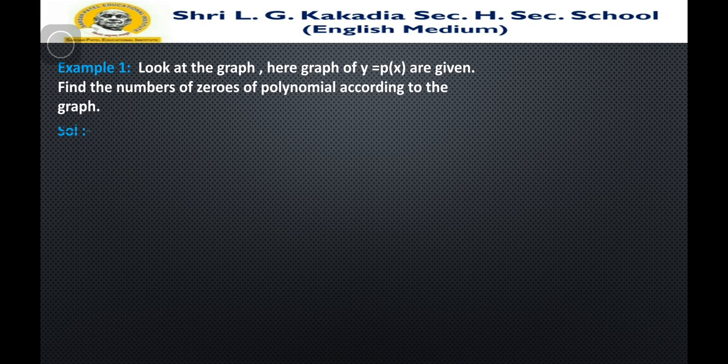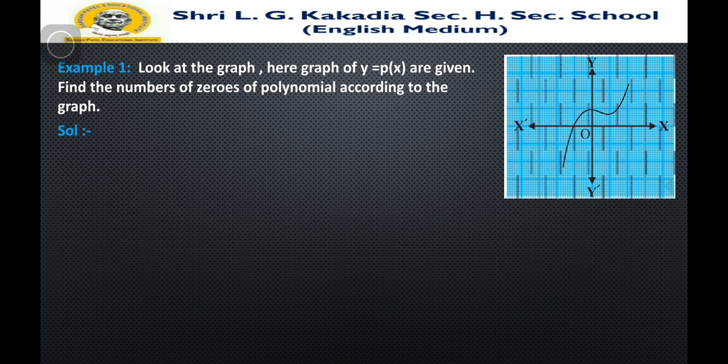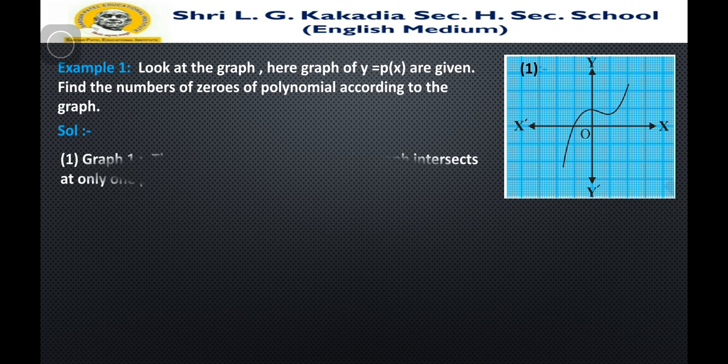In the first graph, the graph intersects the x-axis only one time, so the given polynomial has 1 zero. So the solution for graph 1 is that the number of zeros is 1, as the graph intersects at only one point on the x-axis.